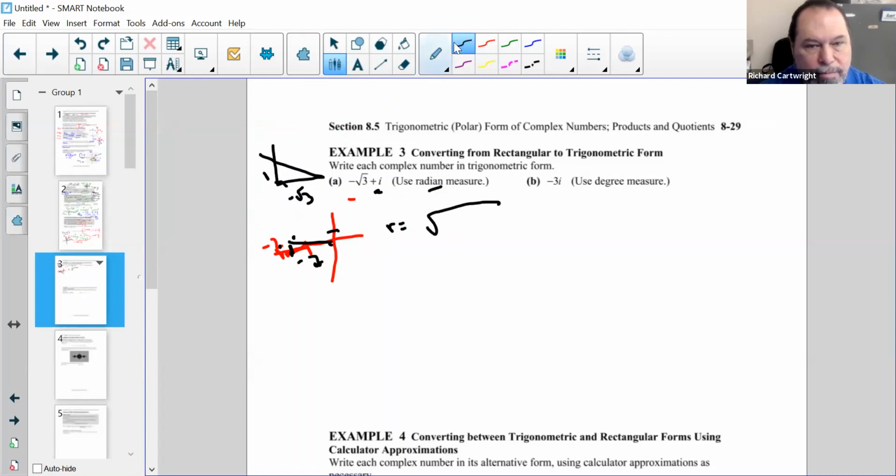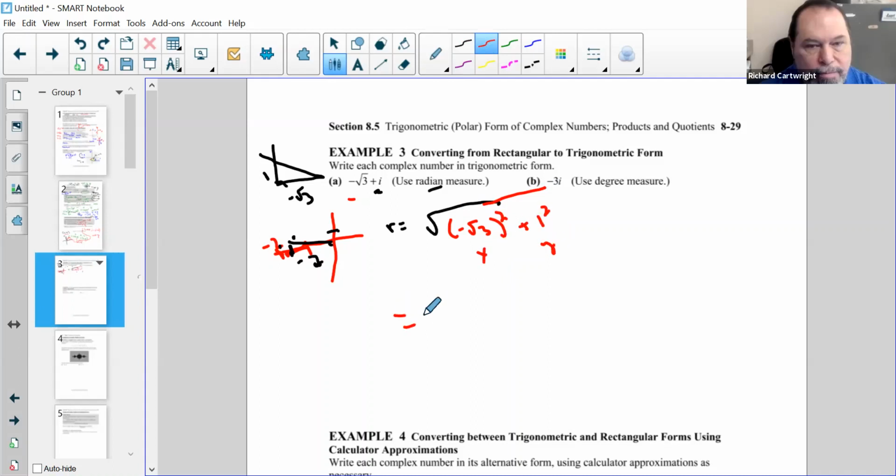I'll show all the work. And then you're going to say, oh, I don't need all that work. Negative square root of 3 squared plus 1 squared. That's my x. That's my y.